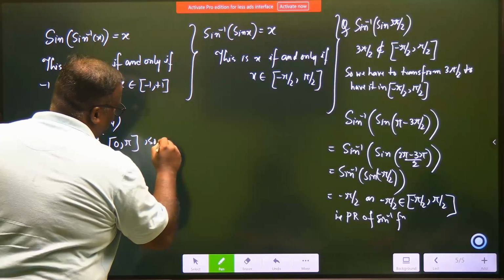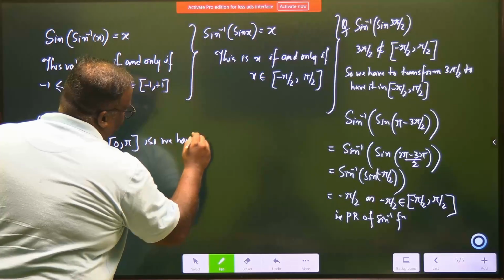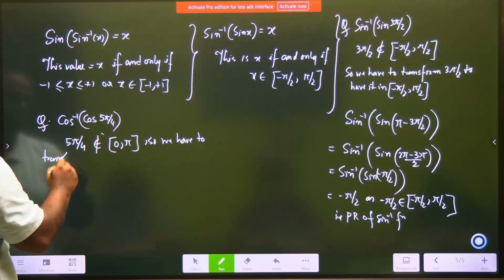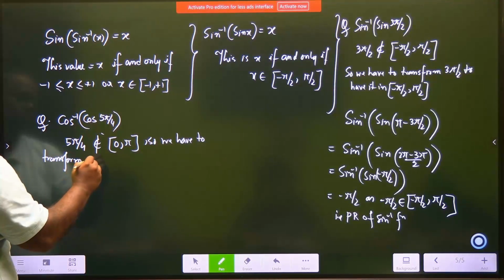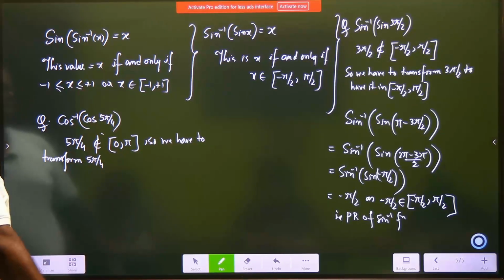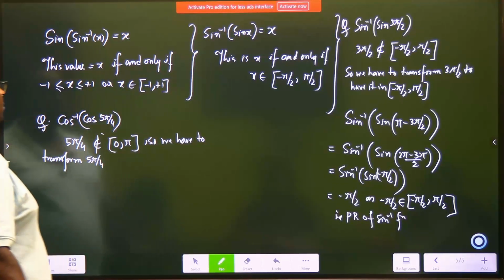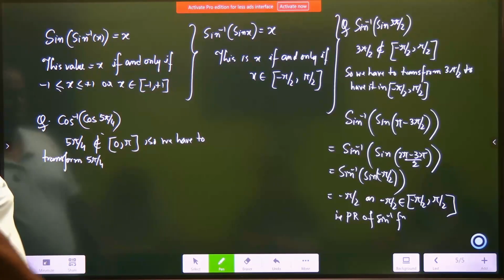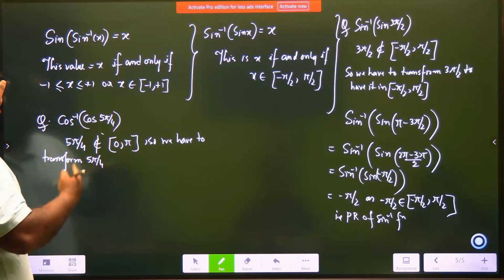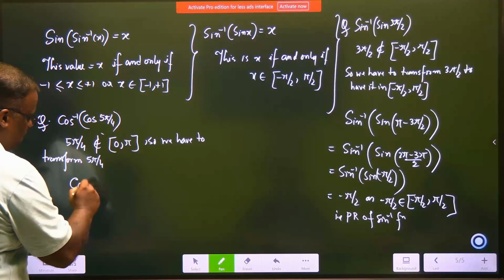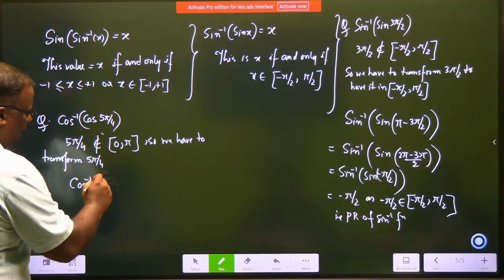So we have to transform 5 pi by 4. Now, how will you transform? Let's make it like this, all sine 10. It will always be with pi only, don't worry.